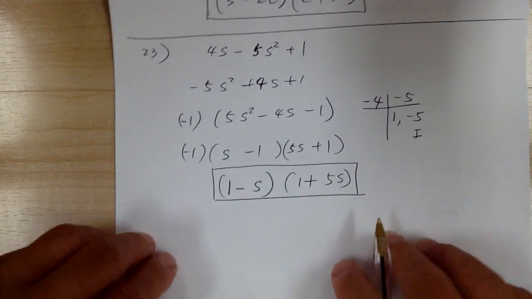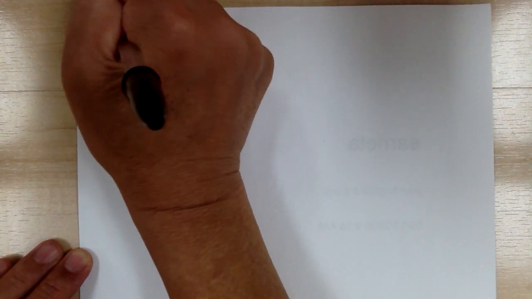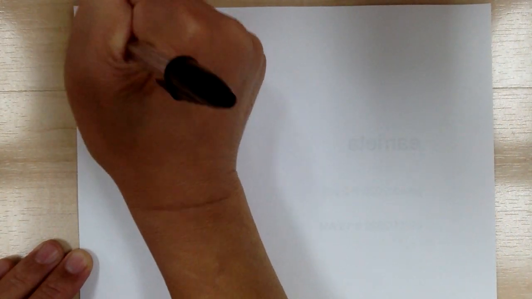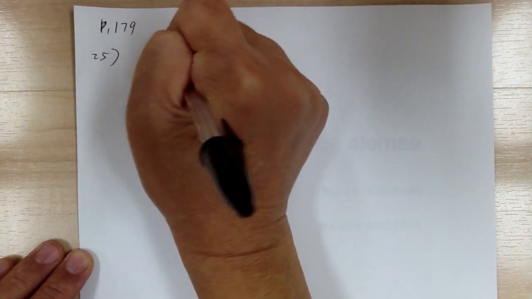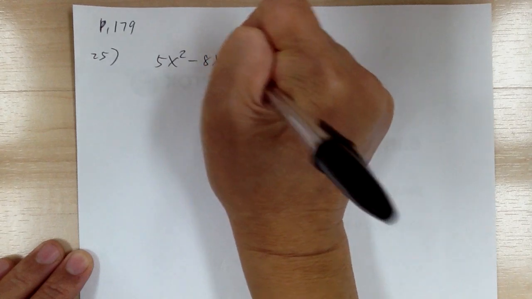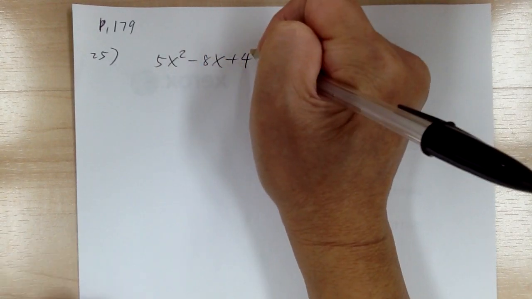Okay, let's go to 25. You have 5x squared minus 8x plus 4. So go to the steps.